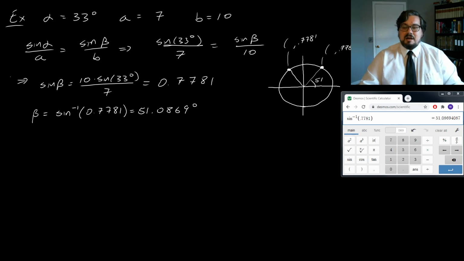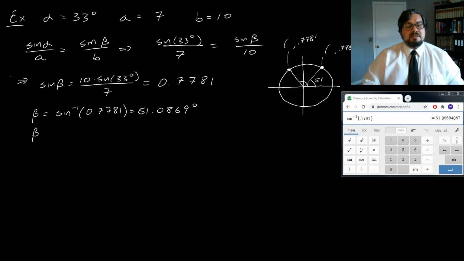But there's this other one over here. There's this other obtuse angle which can exist in our triangle. Our triangle might be an obtuse triangle which has an angle in it that has a measure of more than 90 degrees. So we also need to consider the possibility that beta is equal to 180 degrees minus this.